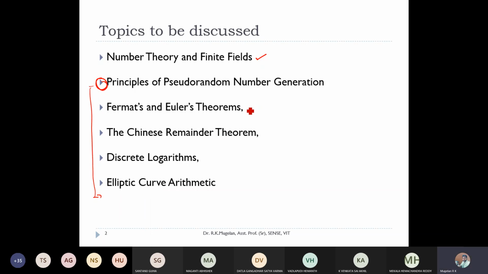Then we'll see these two theorems, which are very basic and very important. Then the Chinese remainder theorem. Then we move on to discrete logarithm and one of the most important topics, elliptic curve arithmetic, because it is the base for elliptic curve cryptography, which is used for both key exchange as well as encryption purposes.